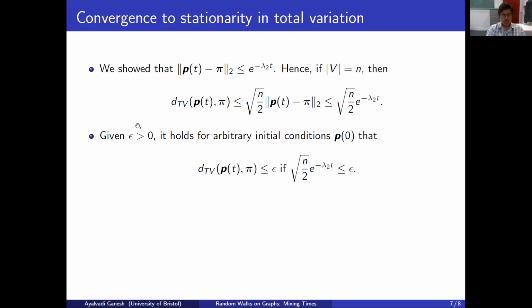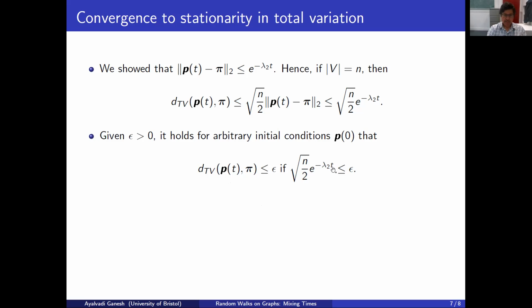So suppose we are given some epsilon strictly positive and we want to know how long we have to wait till this distance gets smaller than epsilon. Then what we can show is that irrespective of the initial condition, this distance will decrease to something smaller than epsilon if square root n over 2 times e to the minus lambda 2 t is smaller than epsilon, and the same typo again throughout the rest, in fact.